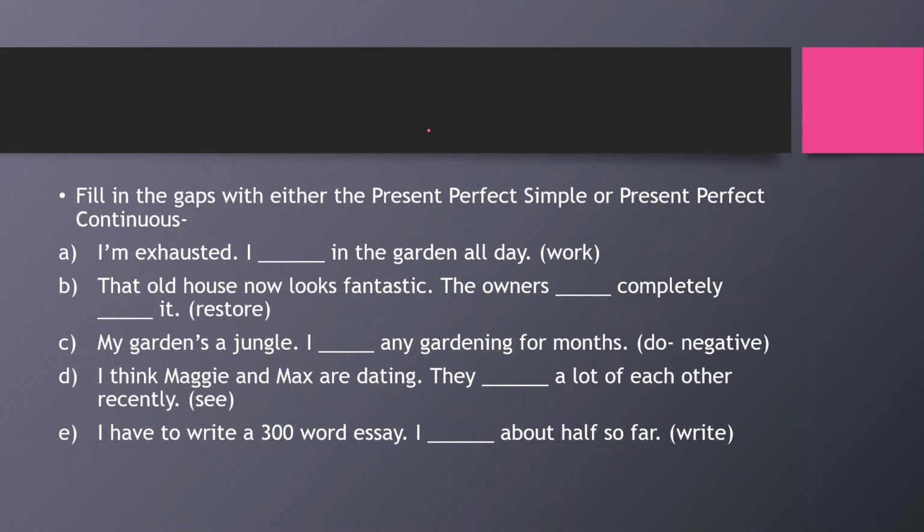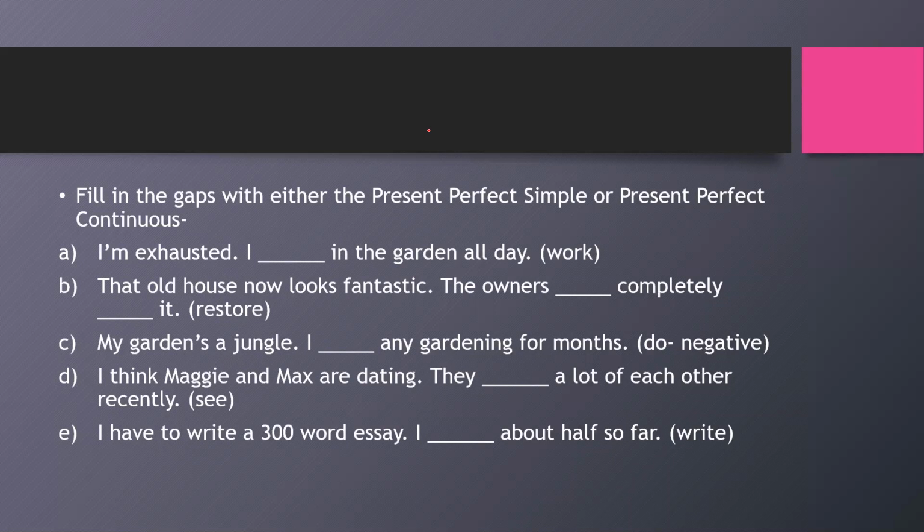Next is that old house now looks fantastic. The owners dash completely dash it. So the owners, they have done something, right? So progression. Next is my garden's a jungle. My garden is a jungle. I dash any gardening for months.